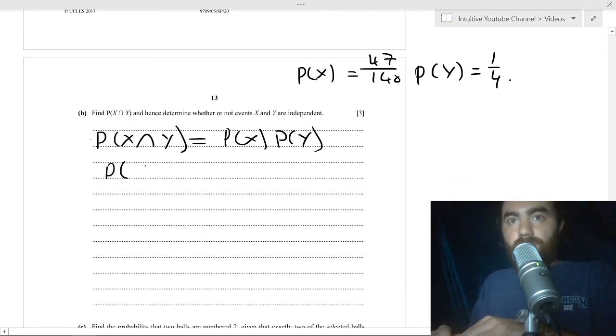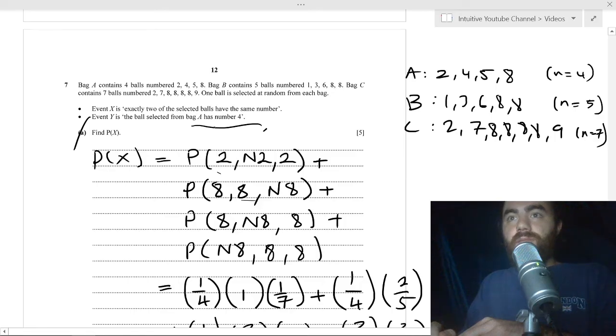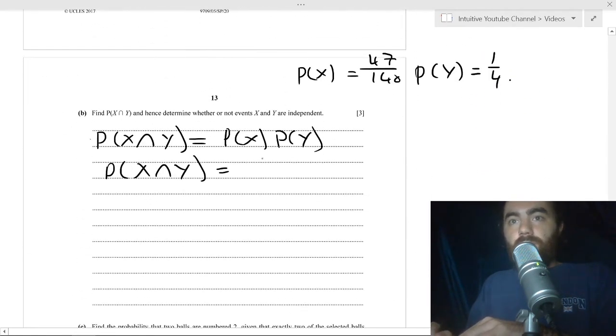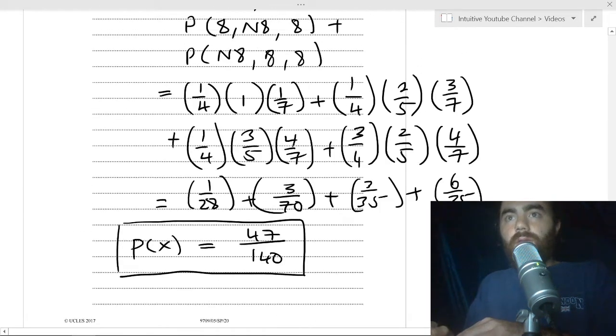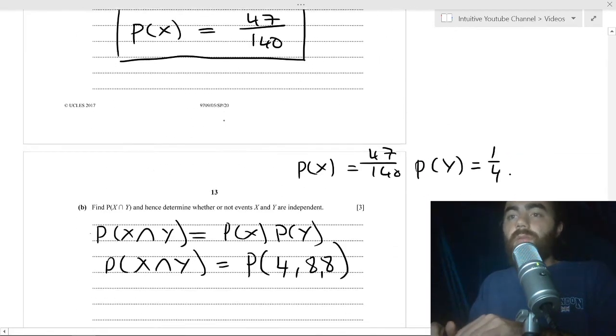And then we want the probability that they both occur. That means the probability that you select a ball from bag A and then you get 2 of the same numbers. So the way that can occur would be if you select a 4 and then an 8 and then an 8, right? 4, then 8, 8, and there's no other way that they could both occur.